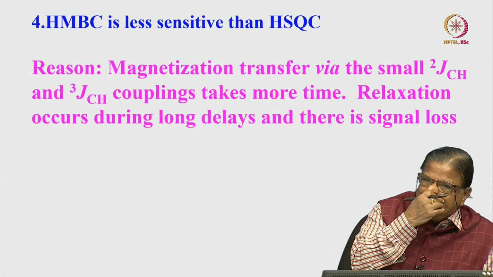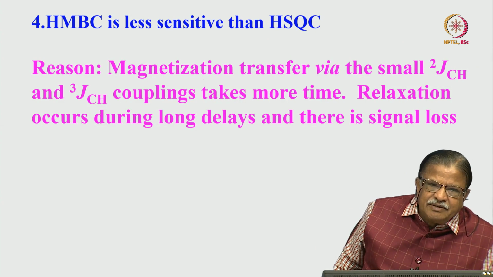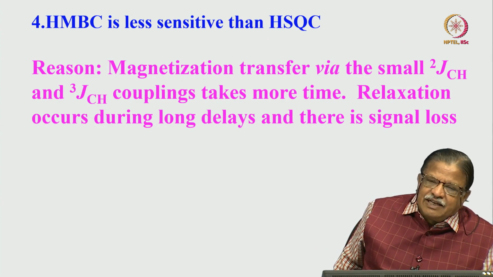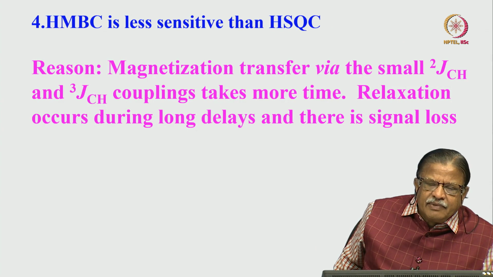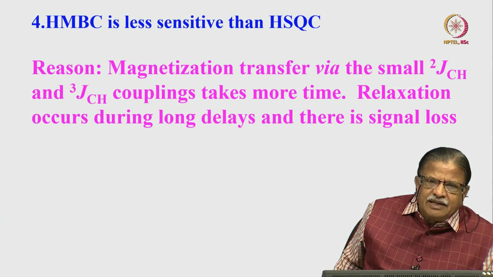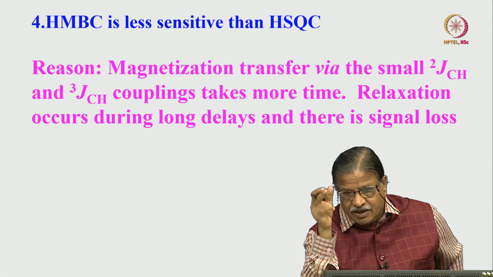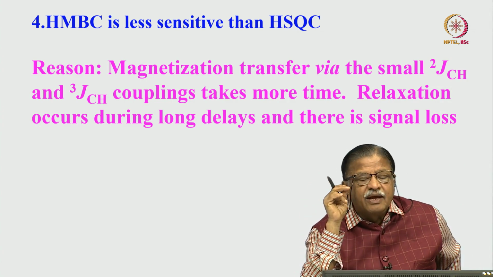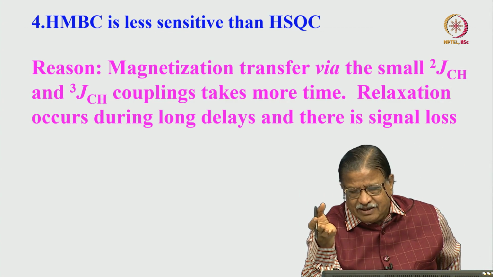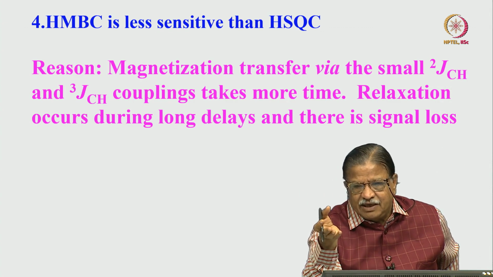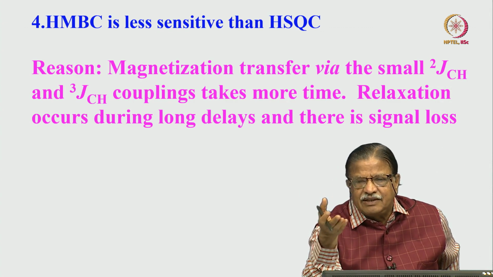And another thing is, remember HMBC is very, very less sensitive than HSQC. Why? Very easy, you can understand. Remember, I told you even during the TOCSY polarization transfer, the polarization transfer efficiency is better if the coupling strength is larger.